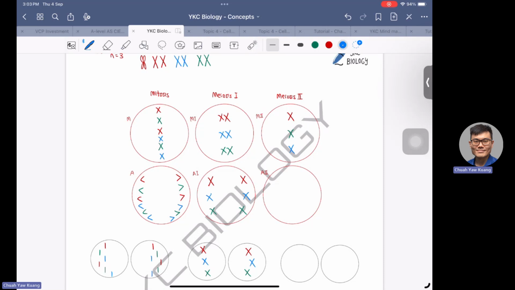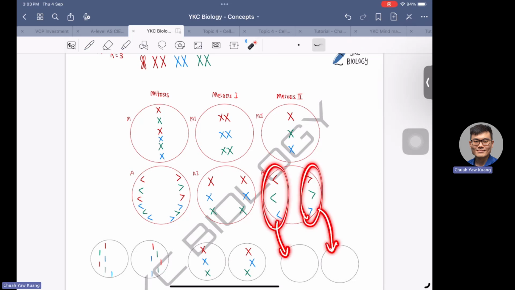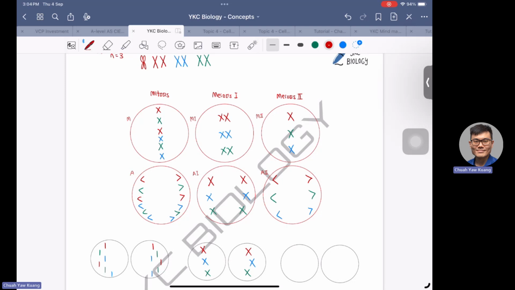So with that, the sister chromatids of each of these chromosomes will be separated. After being separated, these 3 chromosomes will go into one daughter cell, and these will go into another daughter cell.